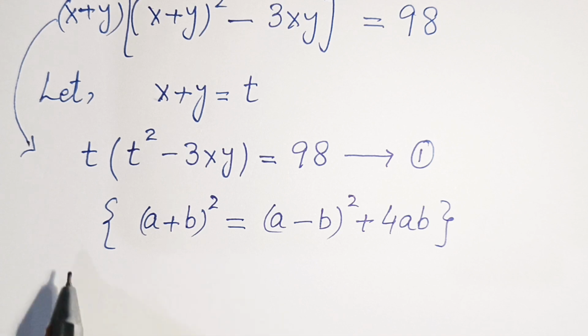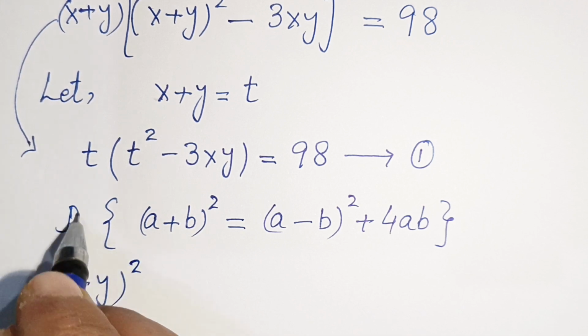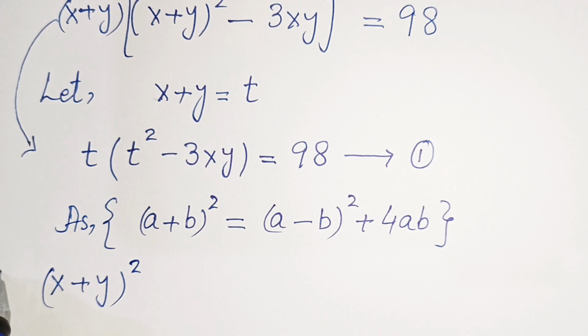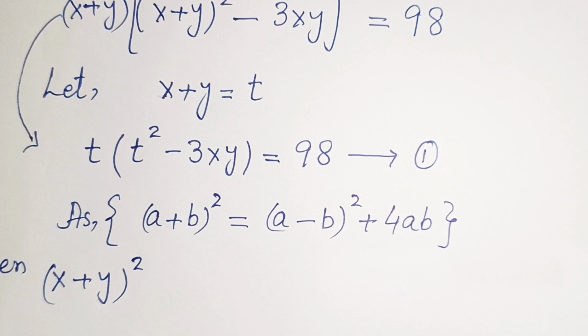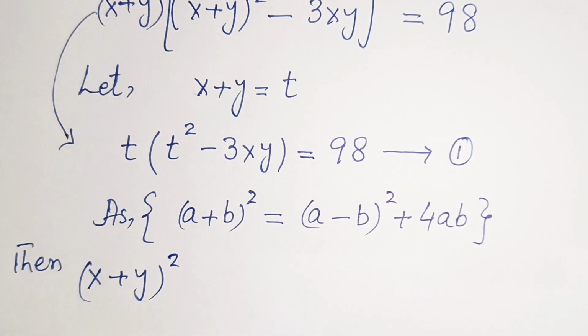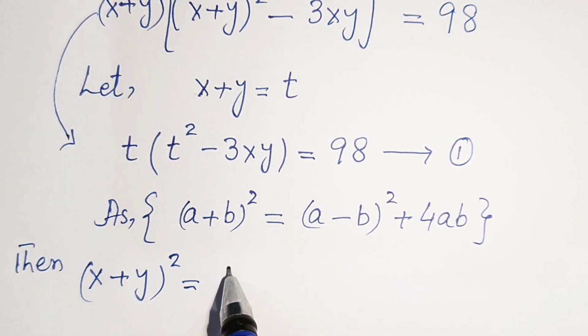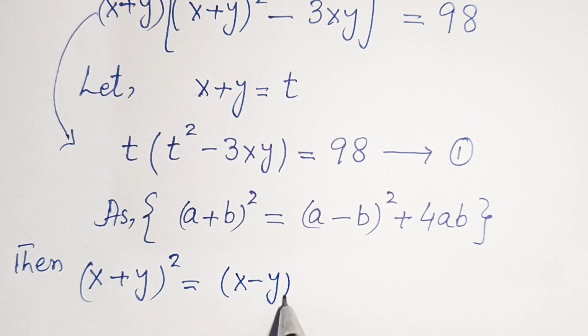So we can write that x plus y whole squared is equal to x minus y whole squared plus 4 times x times y.